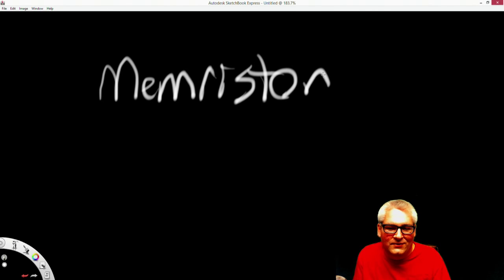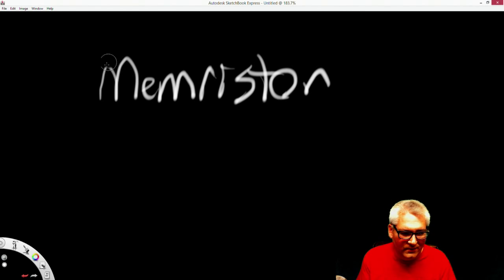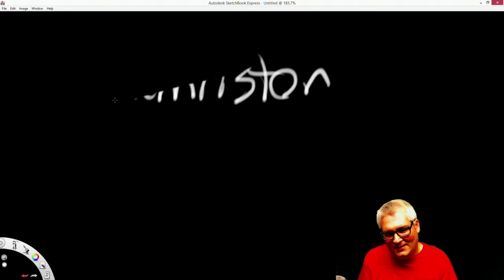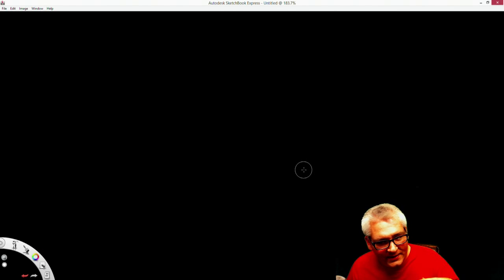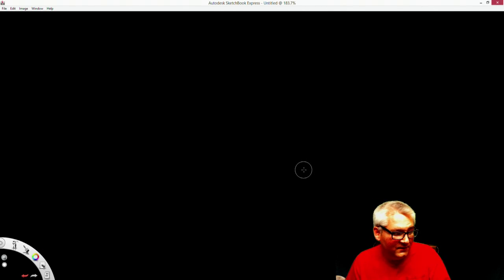I'm not going to get too detailed or scientific or use a lot of math. I just want to quickly explain what I see is going on here. So get rid of the memristor thing right there. There we go.